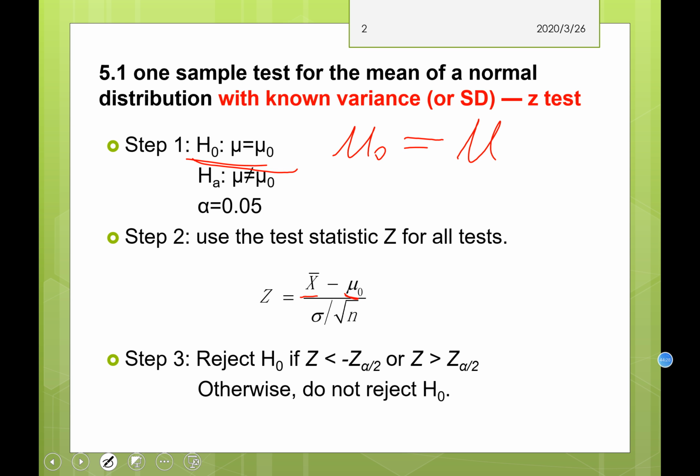So let's think about this one. This one should be mu. But if we suppose H0 is true, mu equals mu 0. So here we can use mu 0 to represent mu. Right? Okay, now my question.